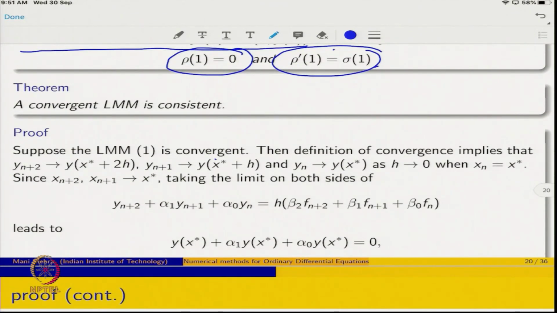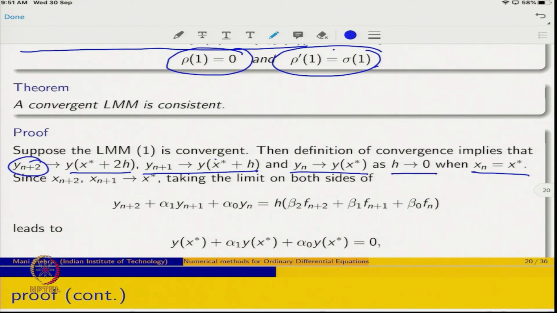The definition of convergence implies that y(n+2), which is a solution of the difference equation at x(n+2), will converge to this. So, here basically x star is xn. Similarly, using the definition of convergence we can say this also as h tends to 0.